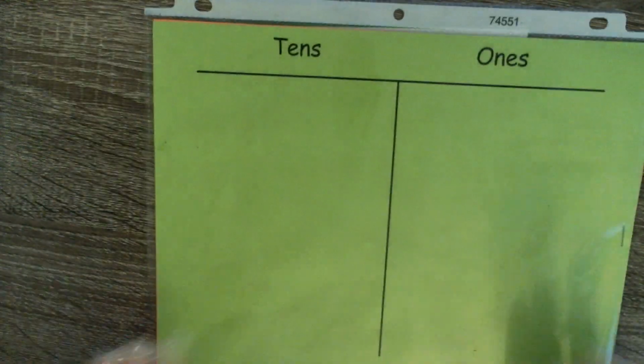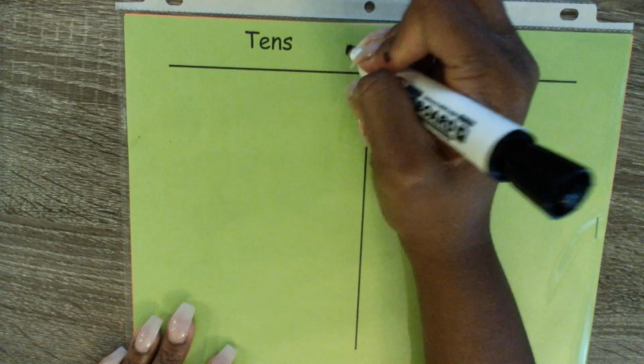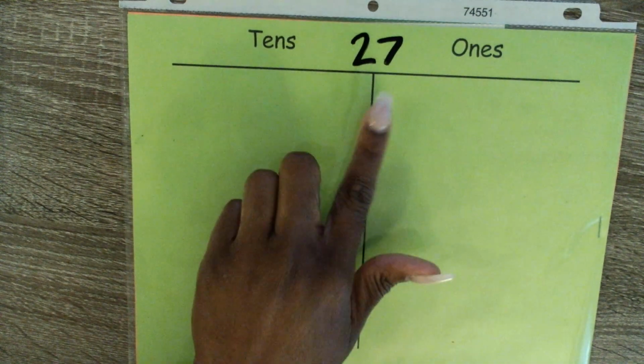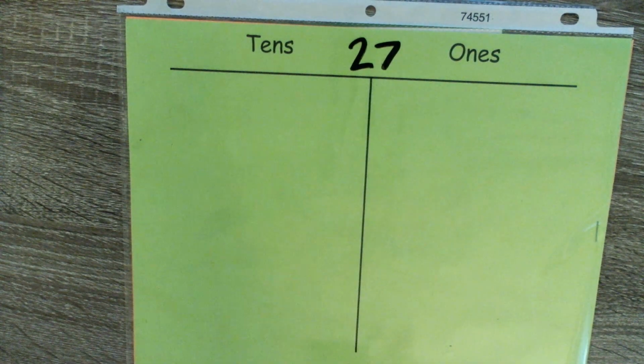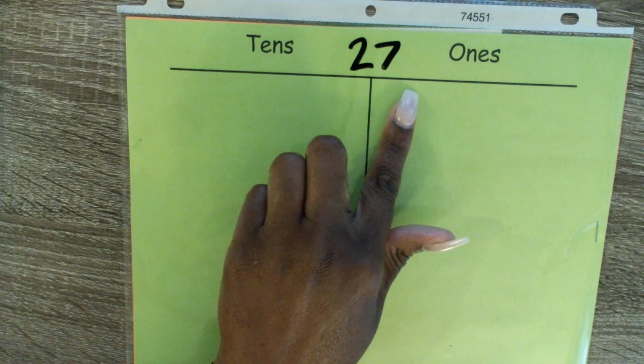numbers. So just as a quick review, I'm going to give you a random two-digit number. Let's use the number 27. In the number 27, I have two numbers. This is a two-digit number because I have two numbers, 2 and 7. The 2 is in the tens place and the 7 is in the ones place.